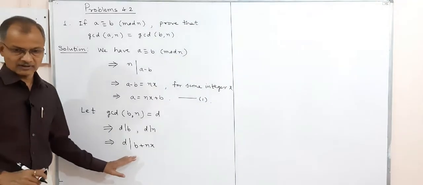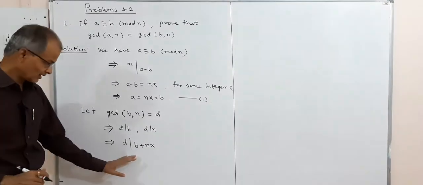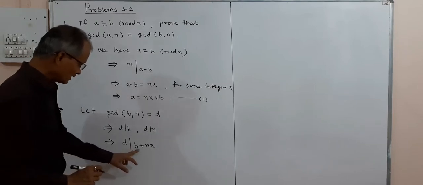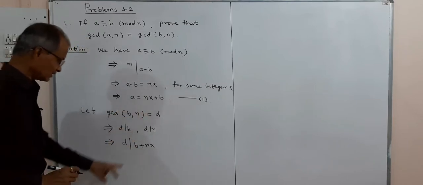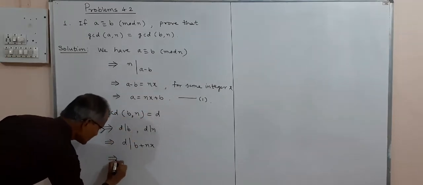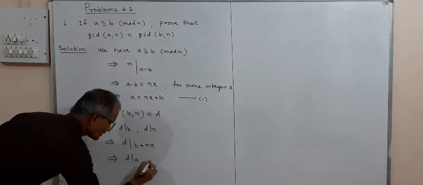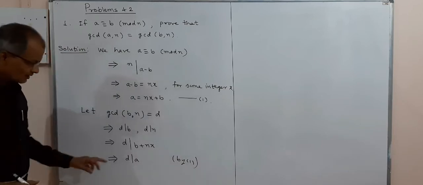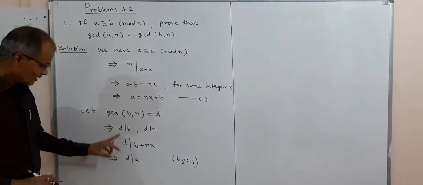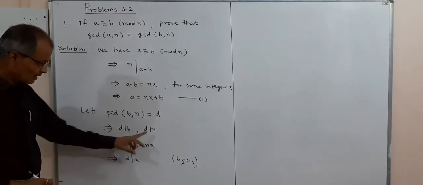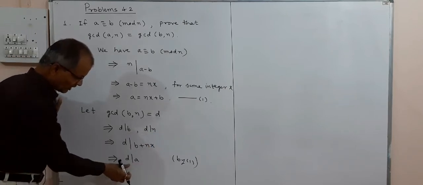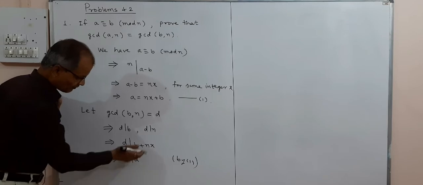Property of divisibility, we have proved this property earlier in the first chapter. And d divides b plus nx means d divides a. So this implies d divides a, by 1. And now what this says is d is a common divisor of b, n and a, and we shall consider these two. d is a common divisor of a and n.